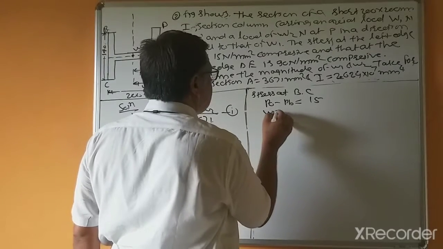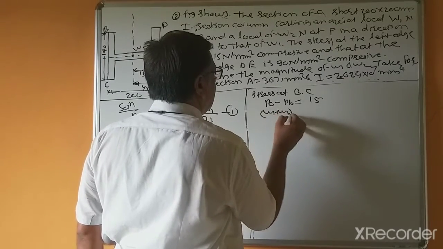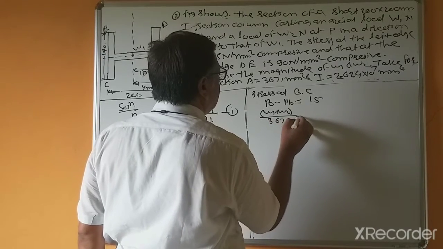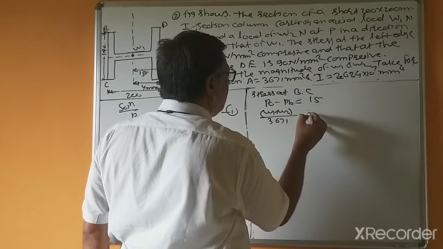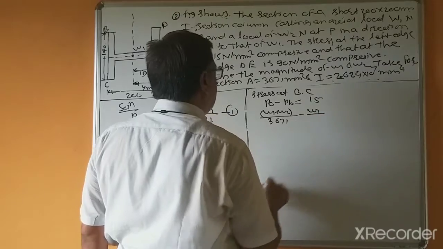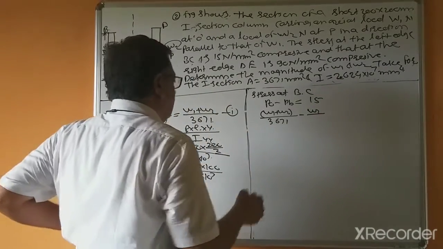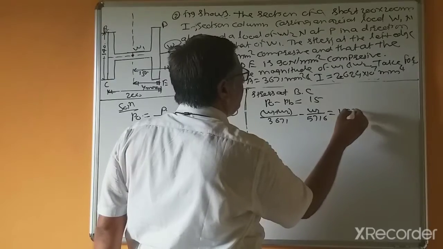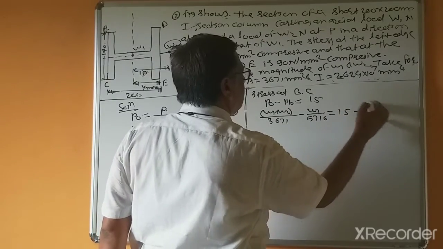W1 plus W2 divided by 3671 minus W2 over 5716 equal to 115. This is the third equation.